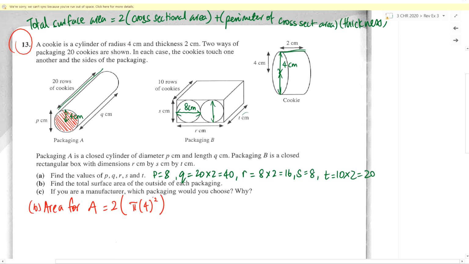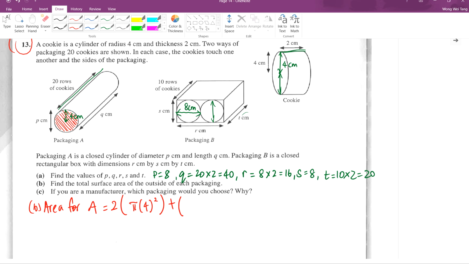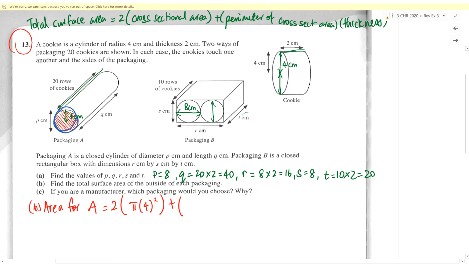Next, we need to add. See the plus over here? We add the perimeter of the cross-sectional area. So open bracket, the perimeter of this red shaded region is shown here. So I've just outlined the perimeter. This perimeter is also known as the circumference of a circle.